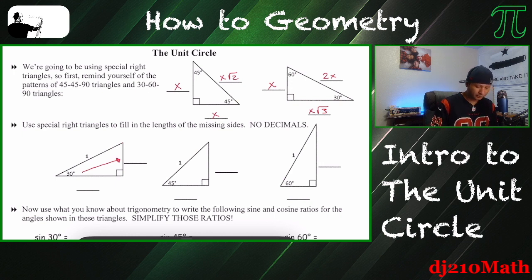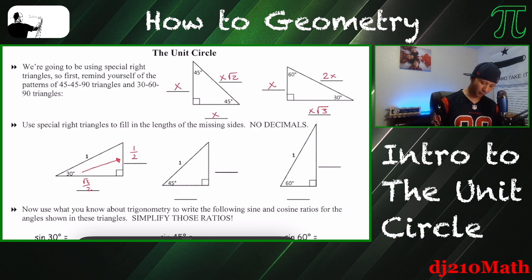So I'm going to take the hypotenuse and divide by 2. If we have the short leg and we want the long leg, we have to multiply by root 3. Short leg to the long leg, we multiply by root 3. So this is nice. This is going to be root 3 over 2.